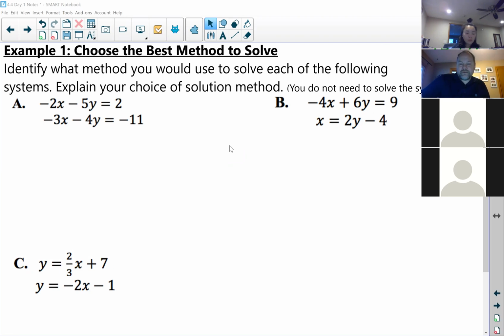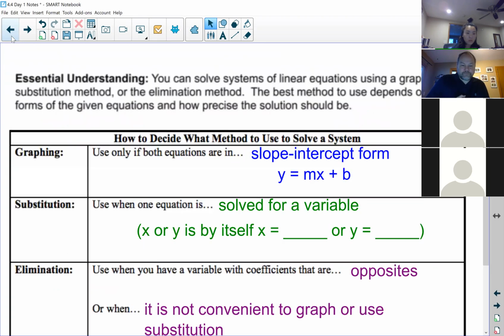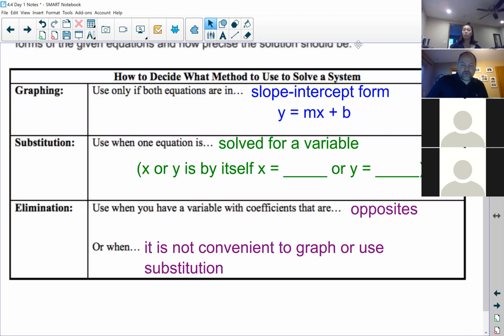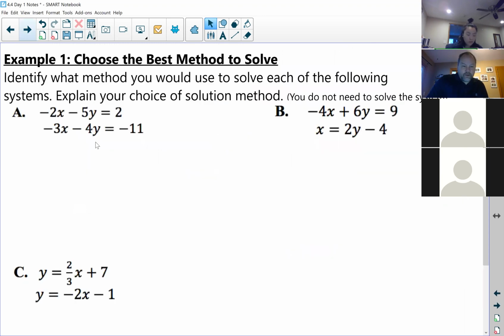Okay, let's go back one slide real quick. For substitution, it says we should have the X or Y by itself in one of the equations. If I go back to A, they are lined up. That's correct. We talked about that with elimination, where we wanted to line up the X's and the Y's.